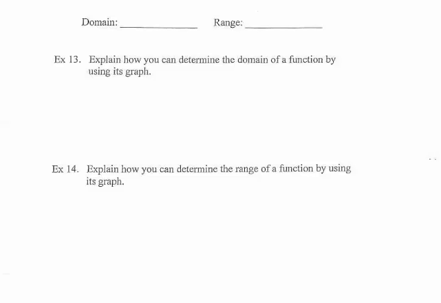All right. 13 and 14. How do we determine the domain of a function by using its graph? We call it the vertical line test. How do we find the range? By inspecting the graph of a function.